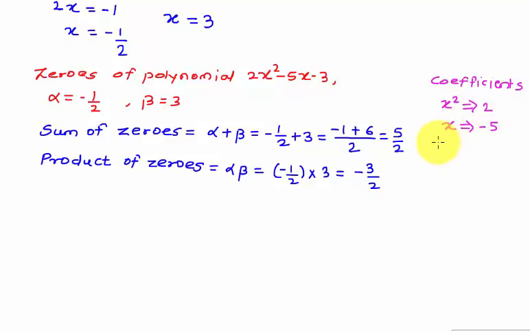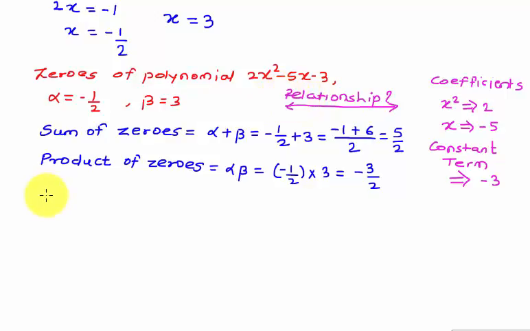And for the constant term, we have coefficient as minus 3. Now we want to check if there is any relationship between the zeros of the polynomial and the coefficient of the polynomial. So our goal is to find out this relationship.